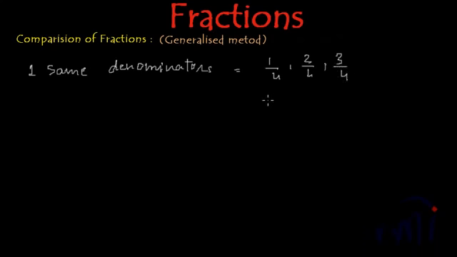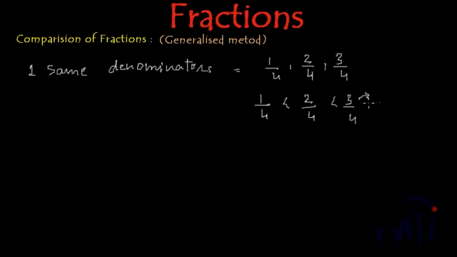We compare only the numerators. So the fraction which has lowest numerator is the smallest, right? Like 1 by 4 is smaller than 2 by 4 and 2 by 4 will be smaller than 3 by 4, right?